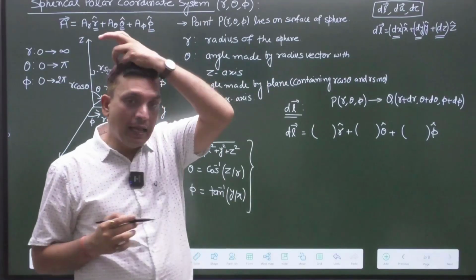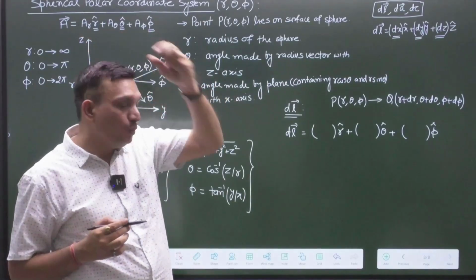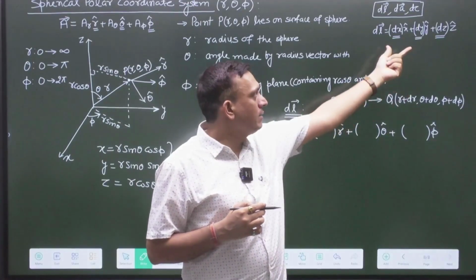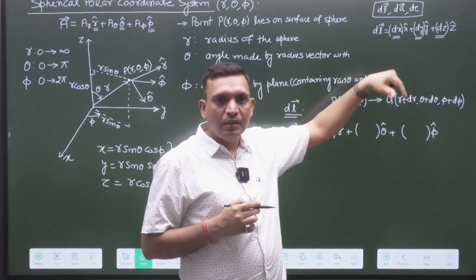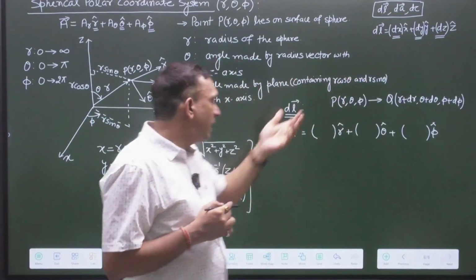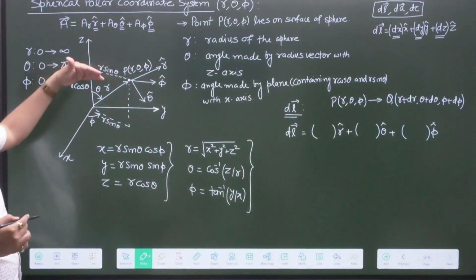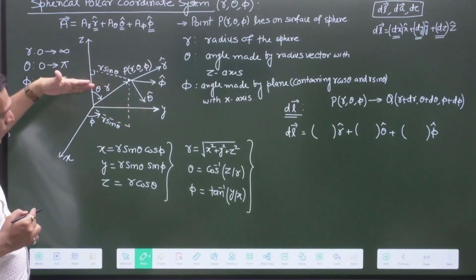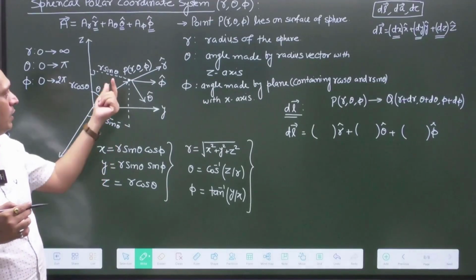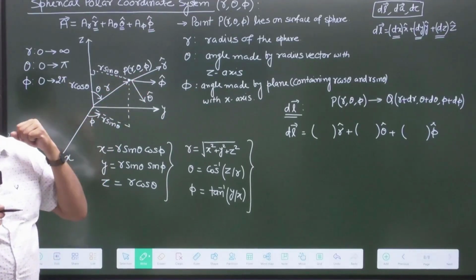Now you have to visualize the elemental cube whose axis is along r cap, theta cap, phi cap. Here axis is along x cap, y cap, z cap. So you can easily visualize that change is dx, dy, dz. Again you have to visualize the elemental cube, but now axis is along r cap, theta cap, phi cap, and you have to see what will be change along r cap, theta cap and phi cap. Clear?